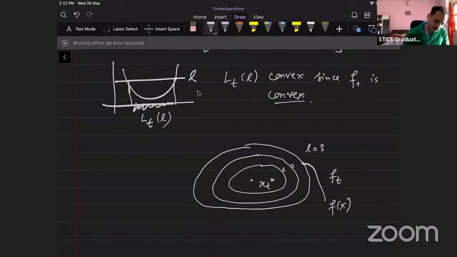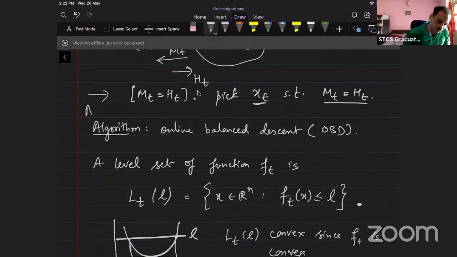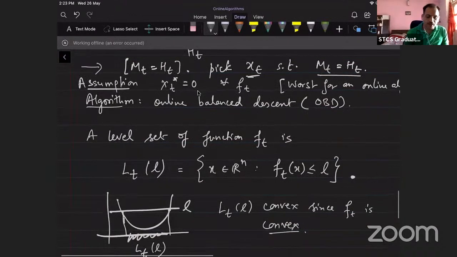I think I missed something throughout. It's not really an assumption that xt star is equal to 0 for all ft. This is actually the worst case for a non-linear algorithm. So without loss of generality, we are going to assume that the minimizer for all these convex functions is 0.